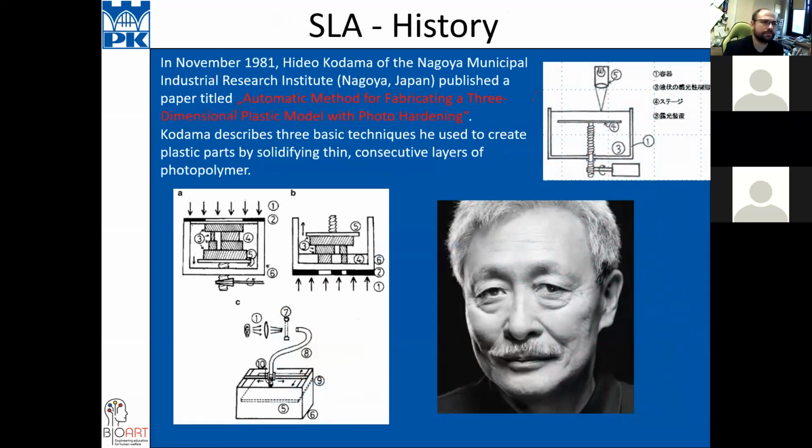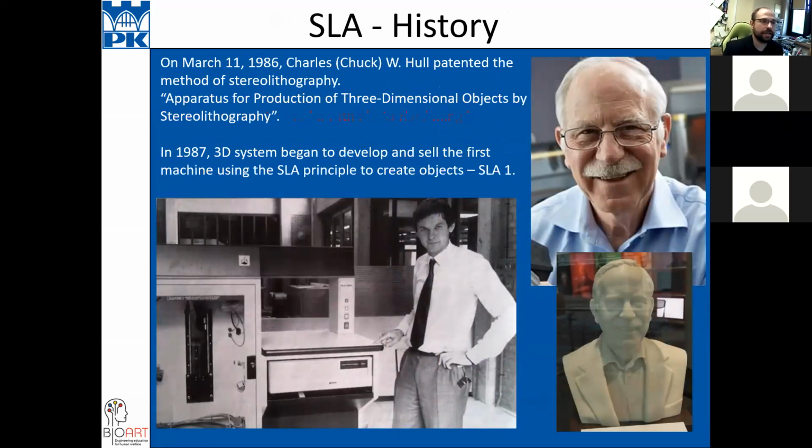Historically, the base of this method was written by Hideo Kodama in 1981, and he wrote a paper about this technique. But the father of 3D printing we can call this guy, Charles "Chuck" W. Hull, and he patented this technique in 1986.